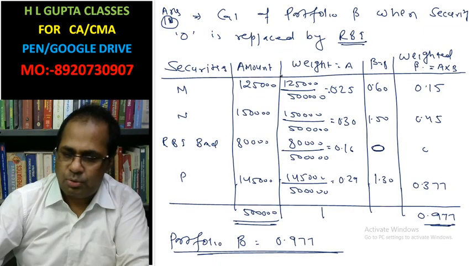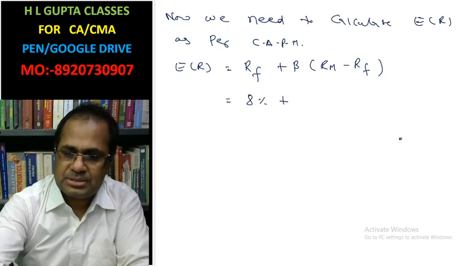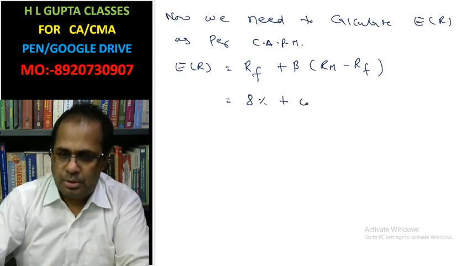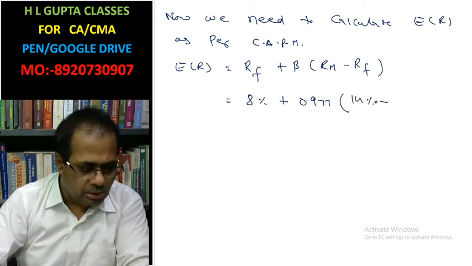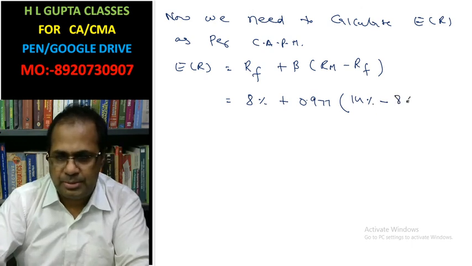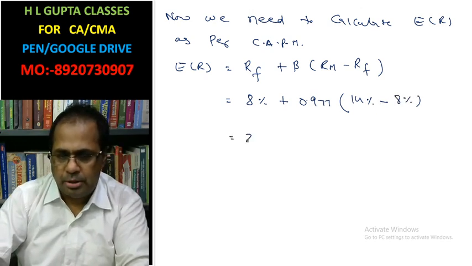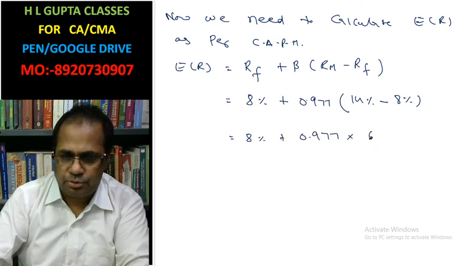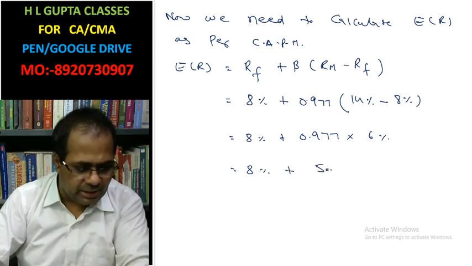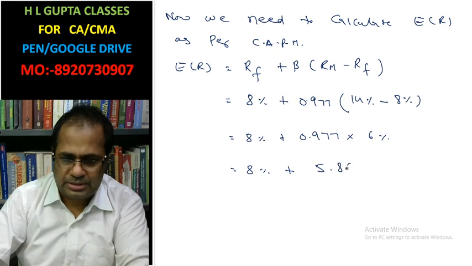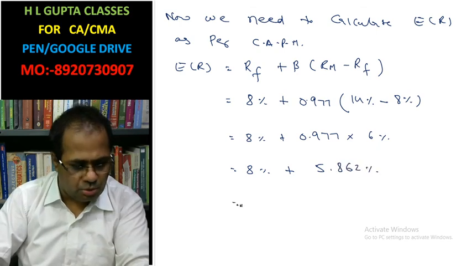Beta we have calculated is 0.977. The return on the market portfolio is given as 14%, minus the risk-free return of 8%. So 8% plus 0.977 into 6%, which is 8% plus 5.862%, that is 13.862%.